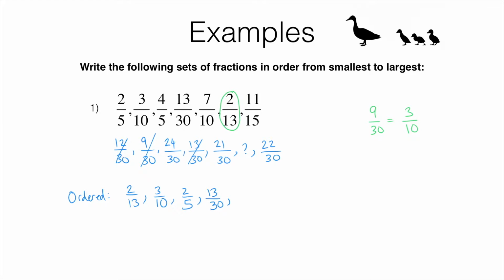Next is 21/30ths, which was 7/10. So 7/10 is next. Then we have 22/30ths, which was 11/15. And finally, we've got 24/30ths, which was 4/5. And we did deal with this one. We saw at the beginning that that was the smallest fraction here.